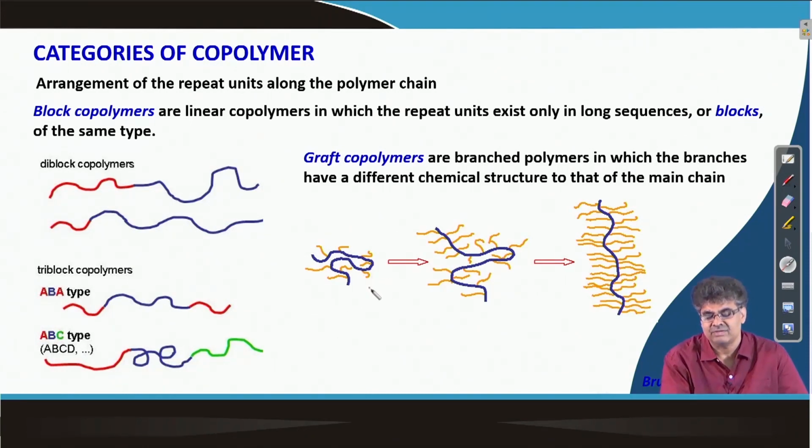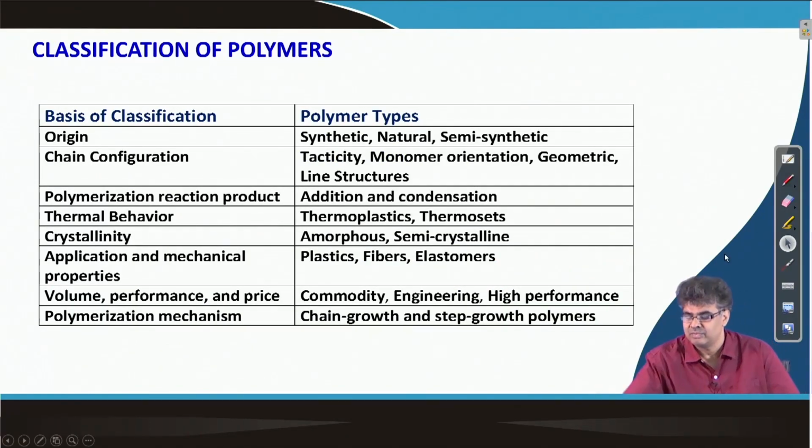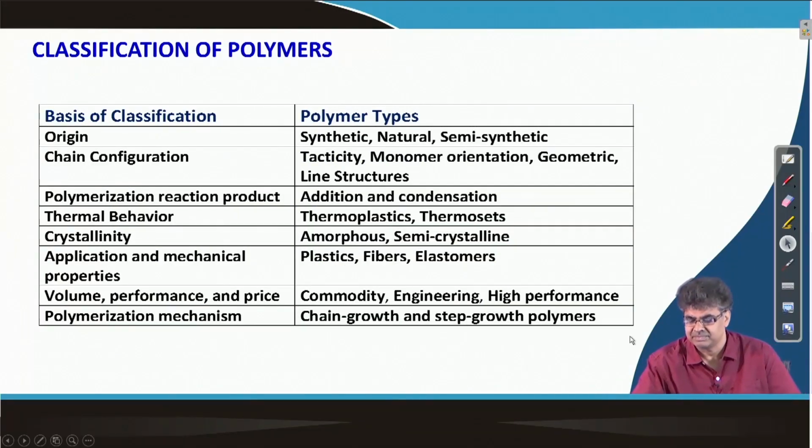And the graft copolymer can vary with the number of branches or the length of branches present, and as we increase the number of branches or the branching density, then we can land up from a graft polymer to a brush polymer, as we discussed in earlier cases as well. So, this one is a brush polymer.